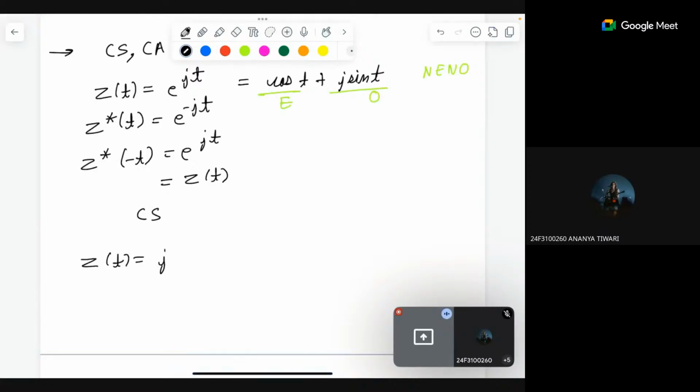z(t) is j e raised to the power of jt. Tell me whether it is conjugate symmetric or asymmetric.